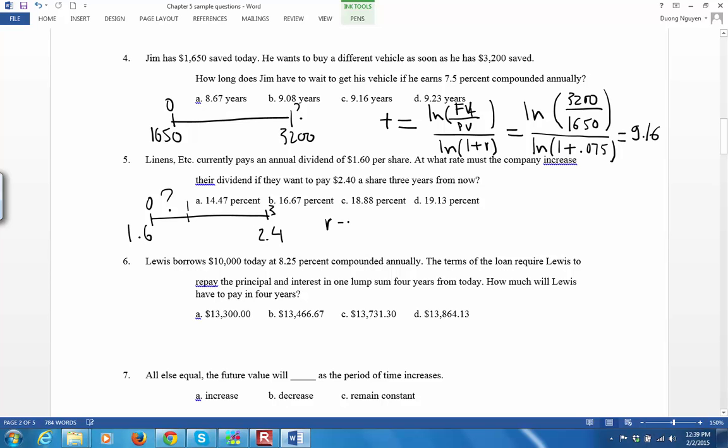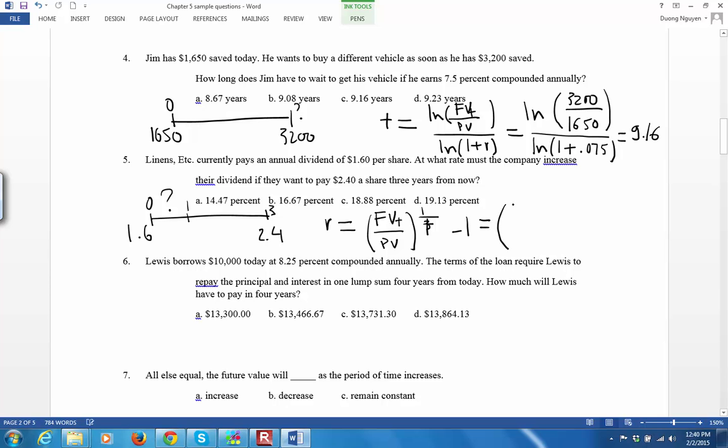So the rate is equal to the future value divided by the present value, raised to the power of 1 over time, minus 1.